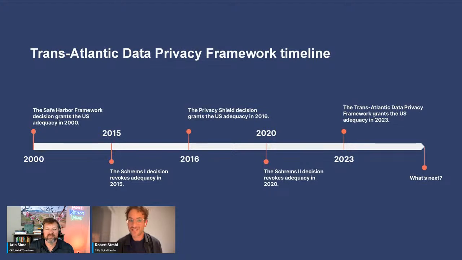But what's next? We know that it's already being challenged by a French member of the European Parliament. So it's already going to go to the European Court of Justice. Max Schrems has also already announced that he's going to appeal, because essentially what they're saying is that not a lot has changed. The thing that has changed is that President Biden has issued an executive order.